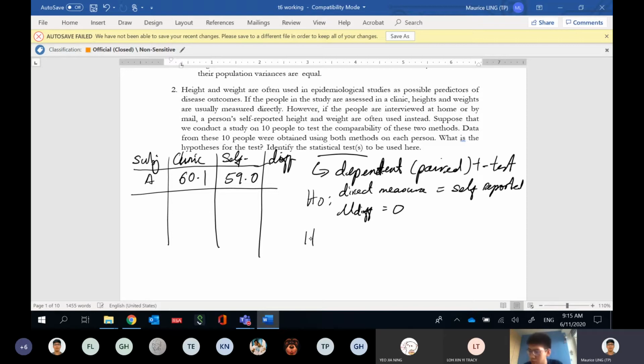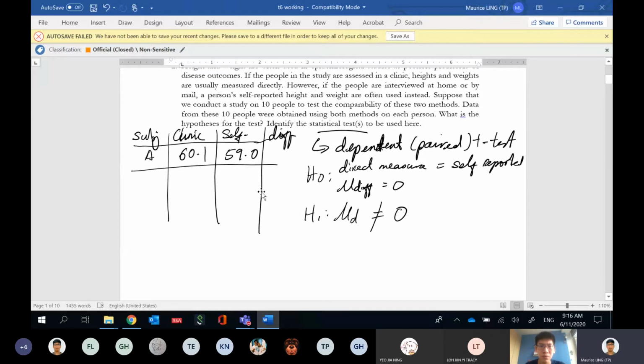Okay. The alternate hypothesis in this case? The directly measured is not equal to self-reported. So that means mu d is not equal to 0. Correct, not equal to 0. Okay. So essentially, if you remember from last week, our paired t-test is going back to what we did last week as well. Okay, you'll see it clearly when we come to all the practice. Yep, so this is right.